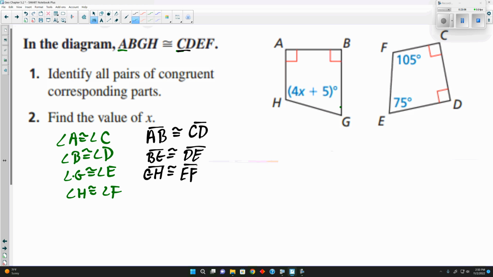Because we could actually draw this out. So AB would be 1, and it's matching up with CD. Then BG and UD. Well, we do. But that means it leaves AH, which is congruent to FC or CF. Because the last one is just coming back around from the start. So those are all of our corresponding parts, yes? So that takes care of part 1.